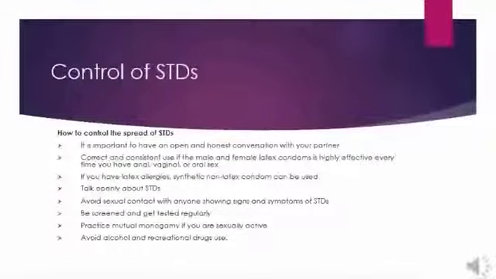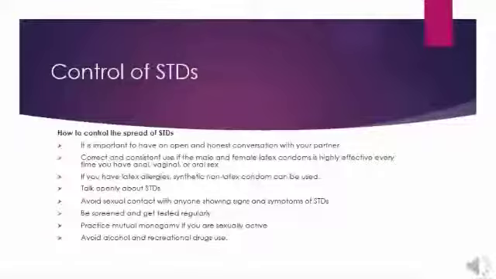Control of sexually transmitted diseases. There are several ways to control the spread of sexually transmitted diseases, but these are the few we are going to be looking at in the course of these lectures. First, it is important to have an open and honest conversation with your partner. 2. Correct and consistent use of the male and female latex condoms is highly effective every time you have anal, vaginal, or oral sex. 3.